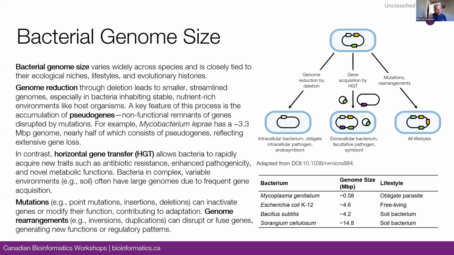And so they have variable genomes, but they can grow quite a bit, typically between about 5 and 10 megabases. E. coli is a good example of a free living organism at about 5 megabases, which is about an average genome size.